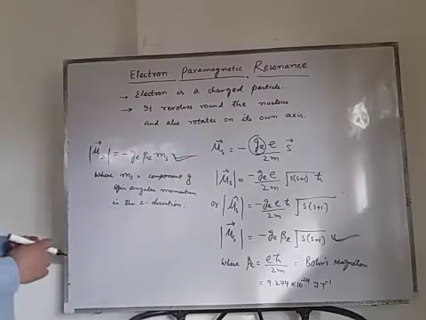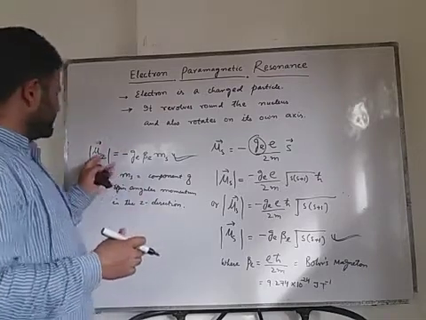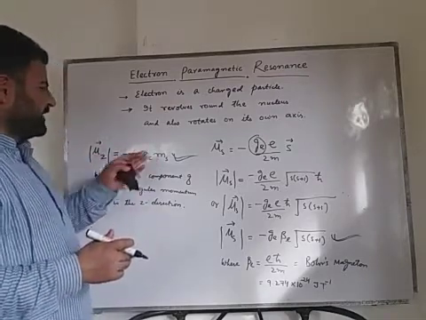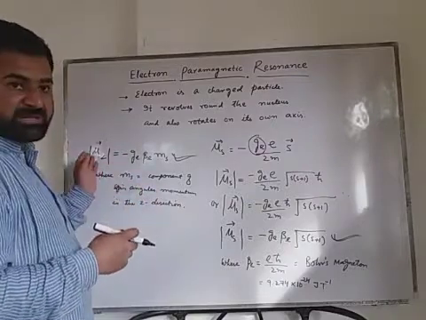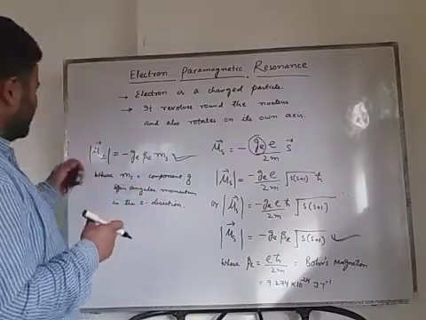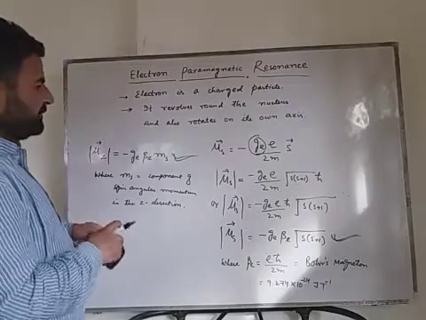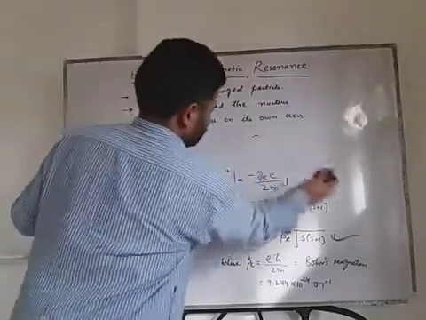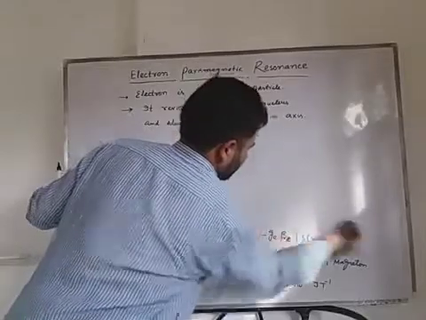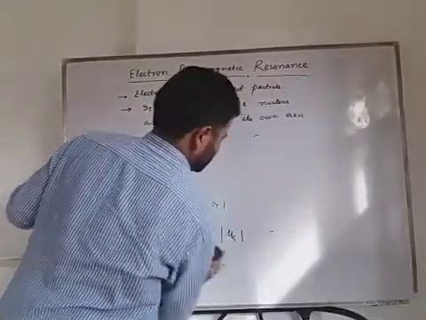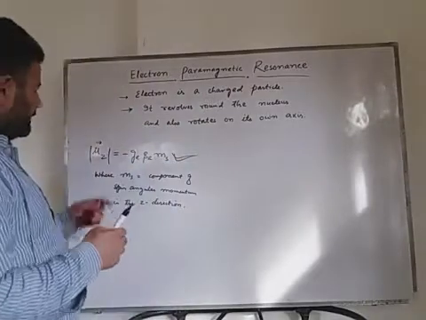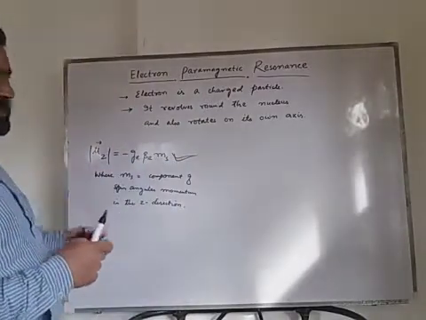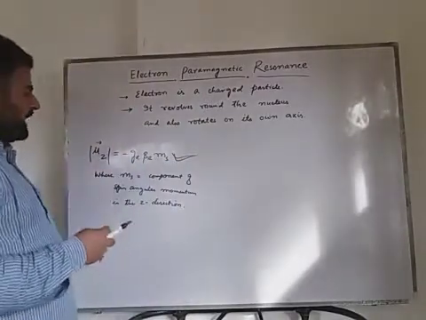Okay, now since this spin angular momentum quantum number is associated with a spin magnetic moment, what will happen when we apply an external magnetic field on such an electron?